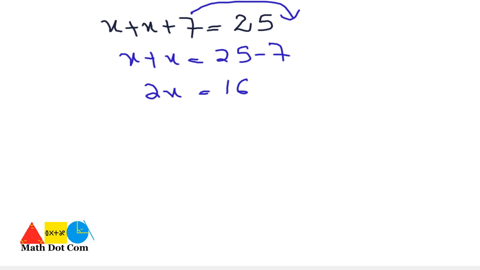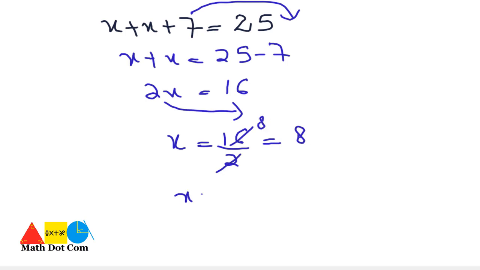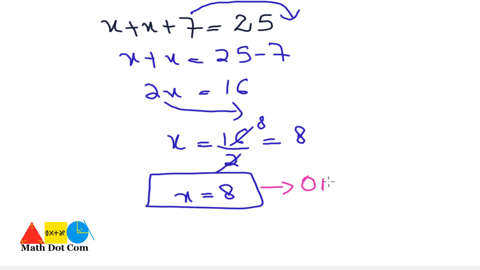As 2 is multiplying here, when it moves across it will be in division form. So x is equal to 16 divided by 2, which equals 8. So x is equal to 8 is one number out of the two.